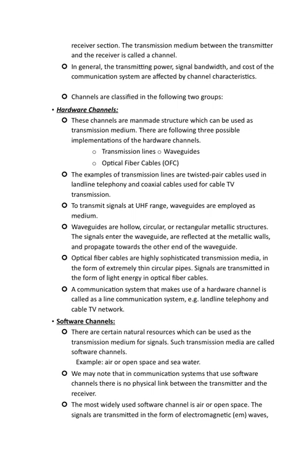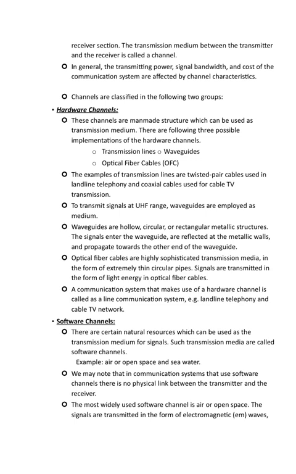Transmission lines transmit signals in the UHF range. Waveguides are employed as a medium. Waveguides are hollow, circular or rectangular metallic structures. Signals entering the waveguide are reflected at the metallic walls and propagate towards the other end of the waveguide.